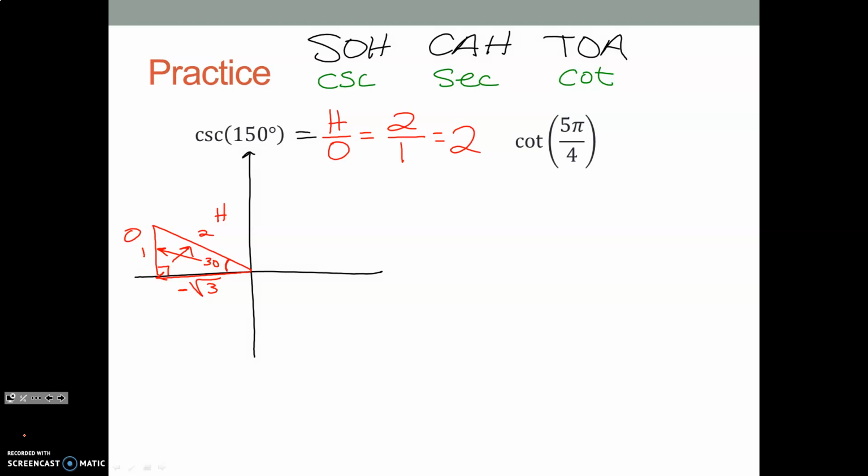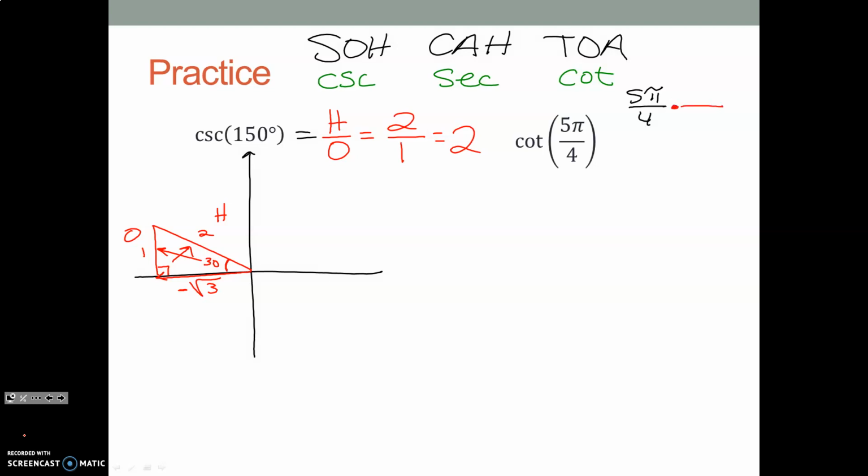Moving on, next one we've got cotangent of 5 pi over 4. A lot of us are not very familiar with radians, so if you aren't, remember we can always convert those. So for 5 pi over 4, we're going to want to multiply by 180 over pi.